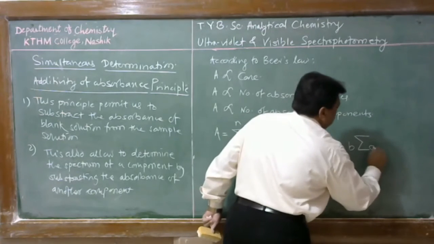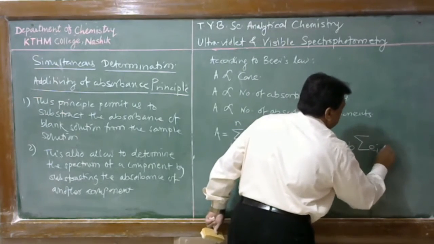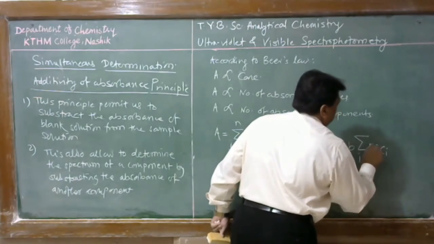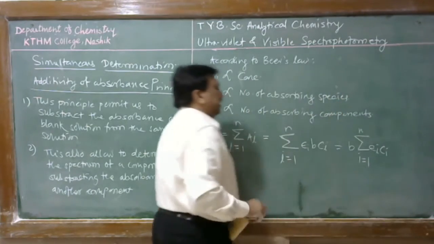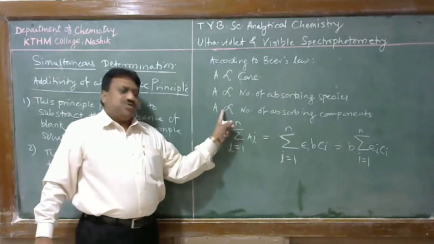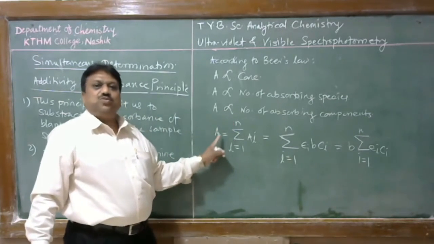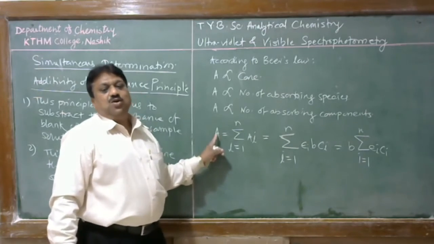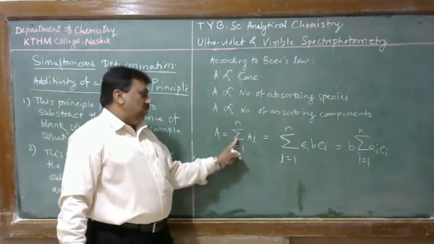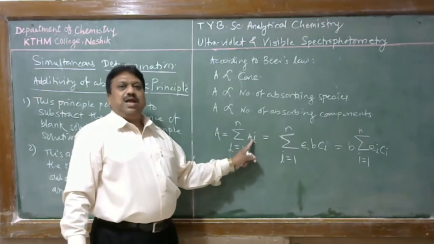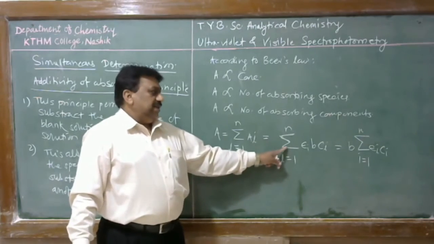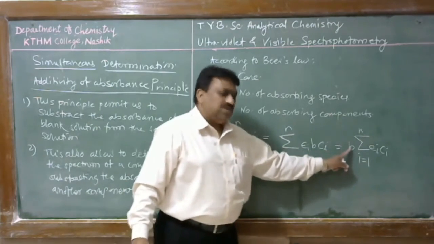Therefore, it is the summation of epsilon i into Ci, i equal to 1 to n. Here, the additivity of absorbance principle allows us to measure the total absorbance of n components present in the mixture. That is the summation of the absorbance of all components, and here b is 1 centimeter.